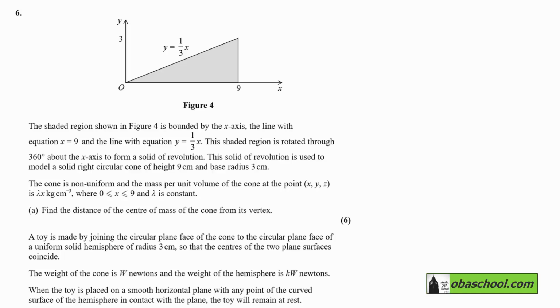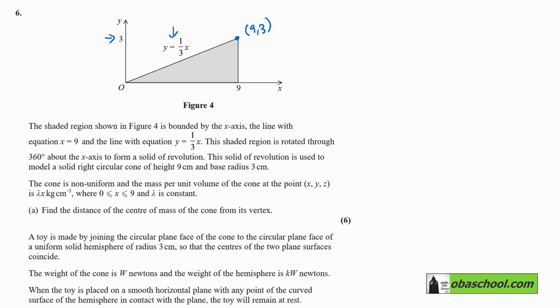The solid of revolution is used to model a solid right circular cone of height 9 centimeters and base radius 3 centimeters. This point here would have coordinates (9, 3), because we can see that with the equation there, and it's also marked on the diagram just here.